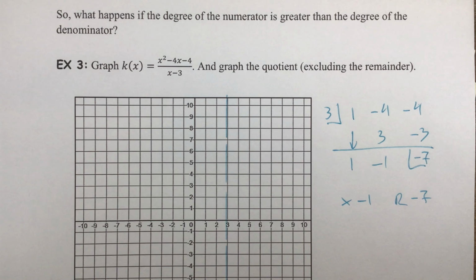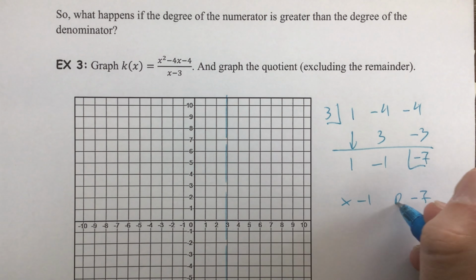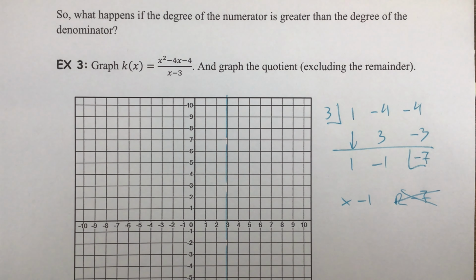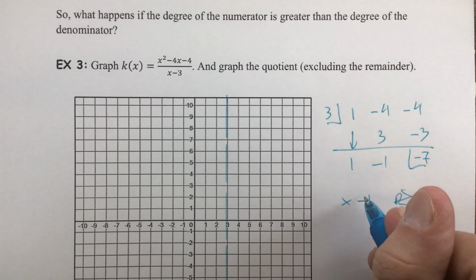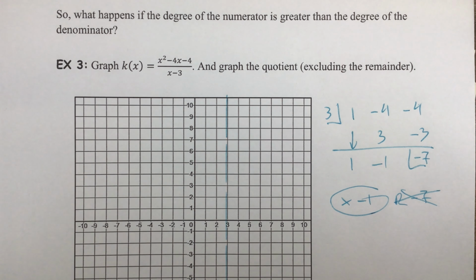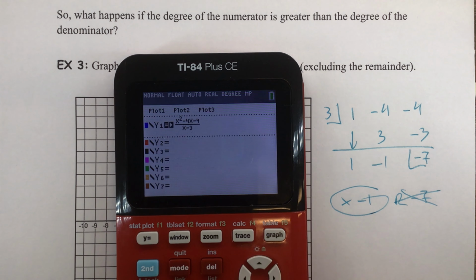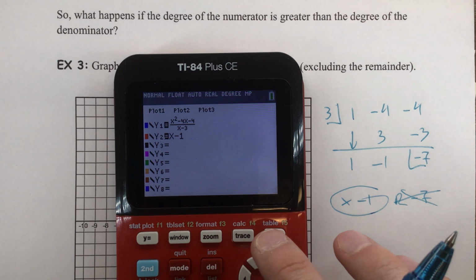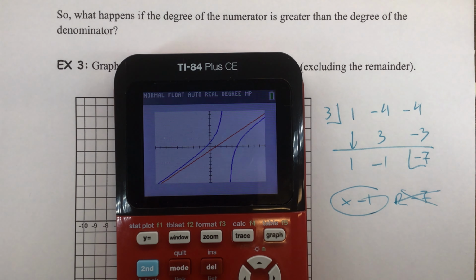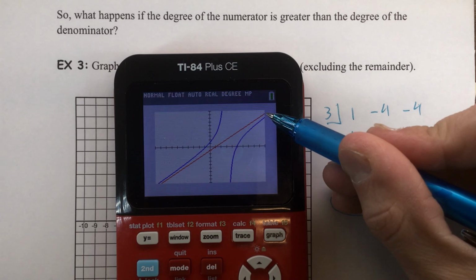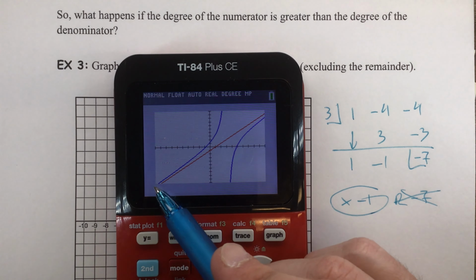Okay, but what we're going to do is exclude the remainder. We're not going to think about that number. And now what I'm going to do is go back to the graph and graph this. And what we're going to get is a line that our graph appears to be approaching over here and over here.